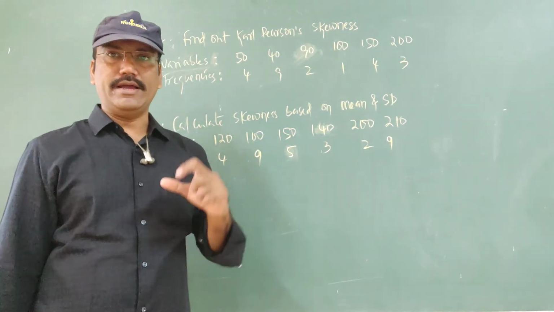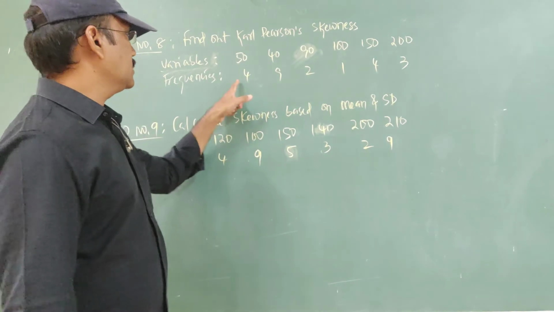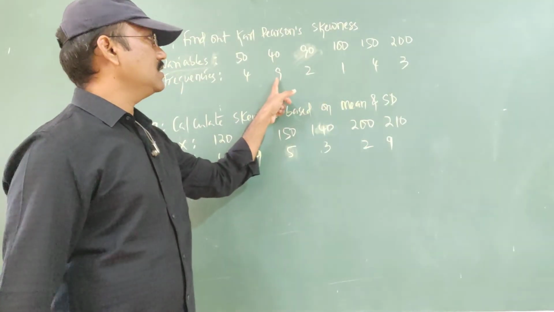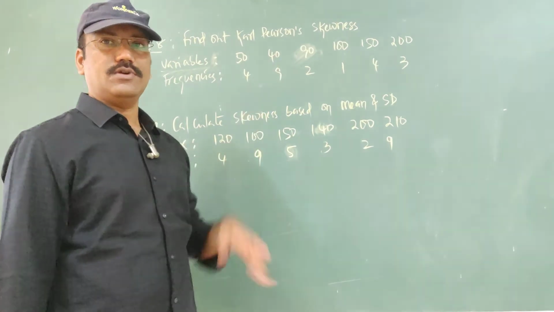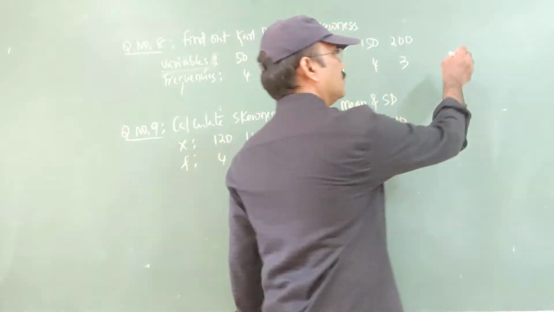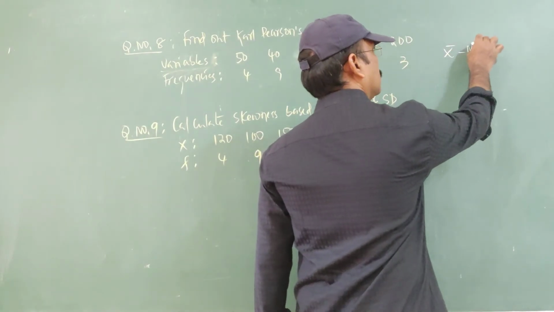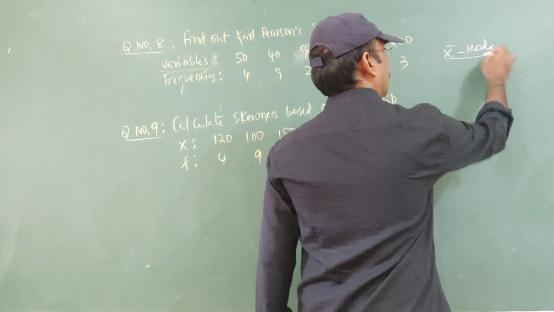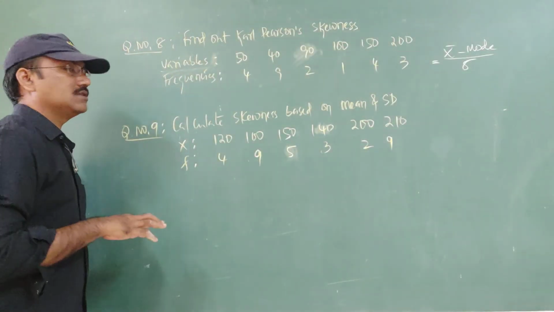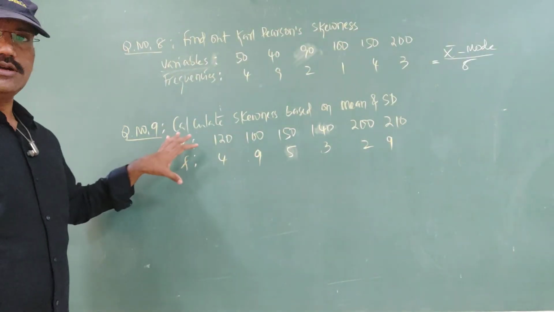How to find the mode? Highest frequency is 9, and its variable is 40. So 40 is the mode, not a problem. For this question you apply skewness equal to mean minus mode divided by standard deviation, same as in the previous question, question number 7. Same type.